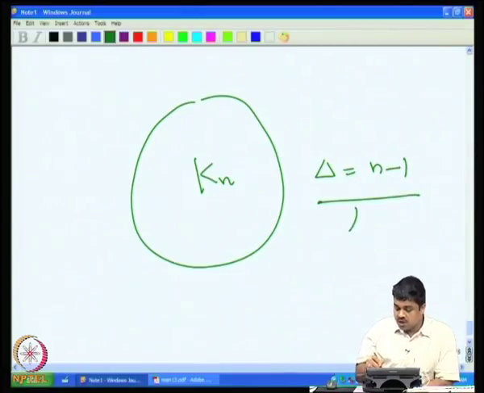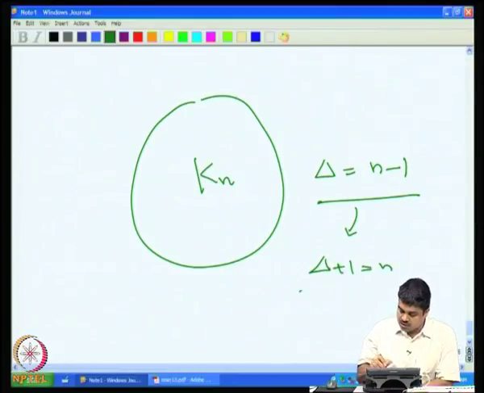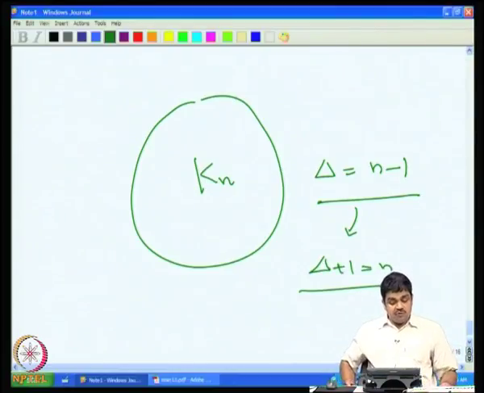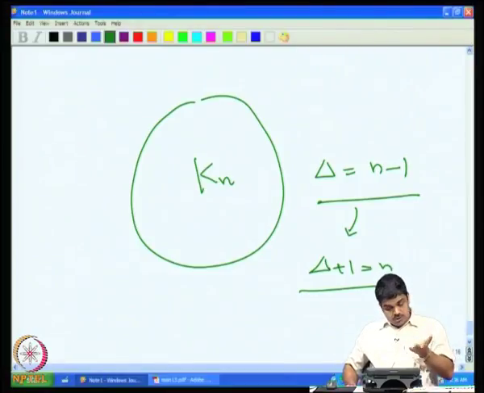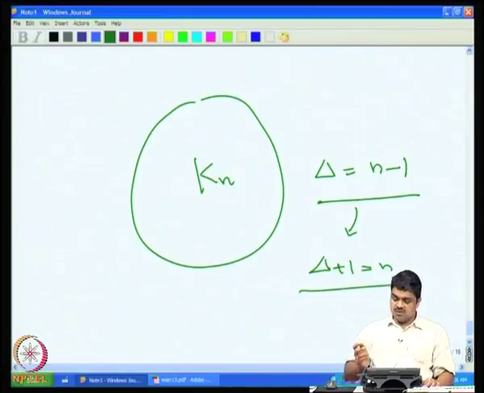Now how many colors are required? Delta plus 1 colors, which is equal to n colors. You cannot avoid the situation here, because however you try, you will end up using delta plus 1 colors. So there are situations where you need delta plus 1 colors. Can you quickly think of another example where delta plus 1 colors are required?